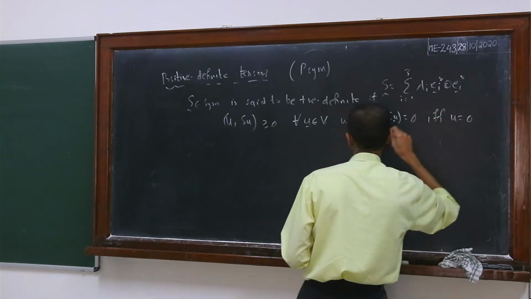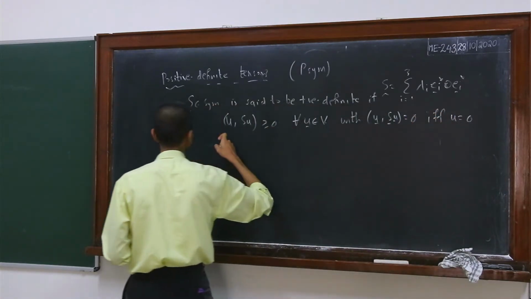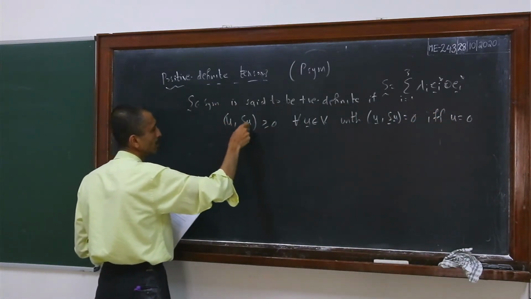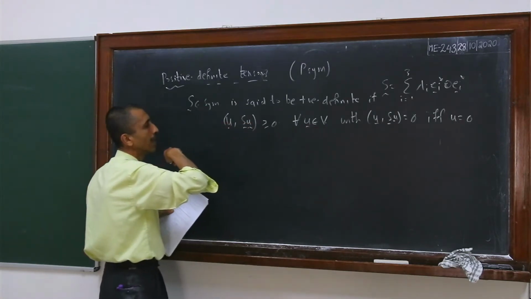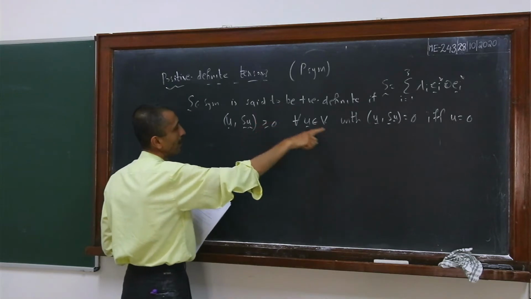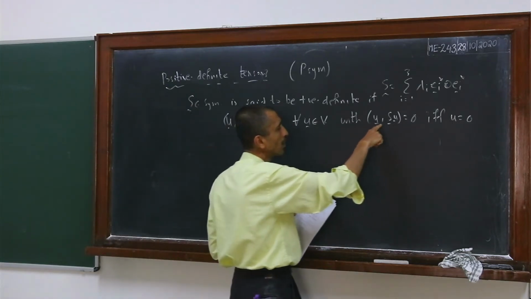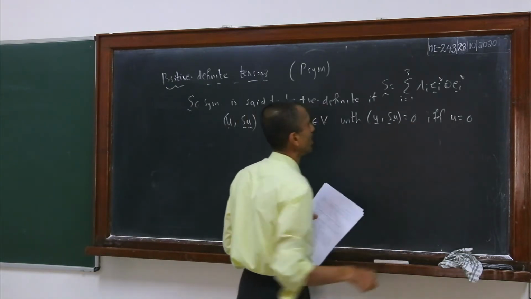So this is the definition. This is the inner product between u and Su. If that is greater than or equal to 0 for all u, then this tensor is said to be positive definite, and u comma Su is equal to 0 if and only if u is equal to 0.